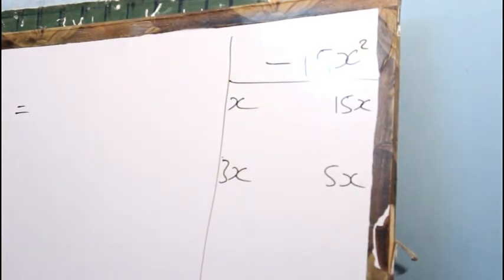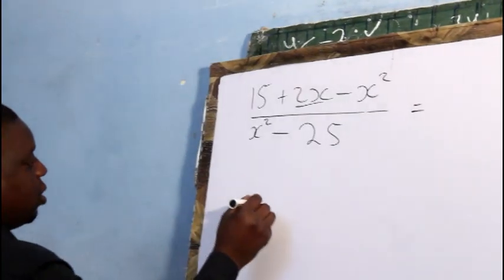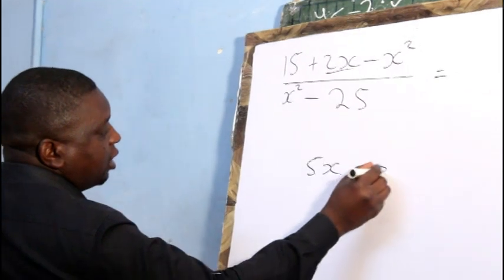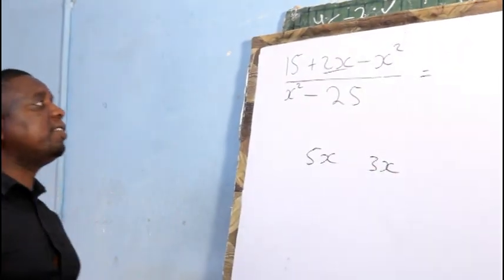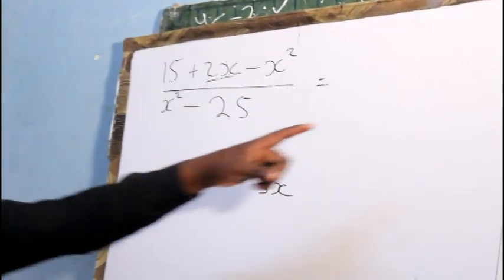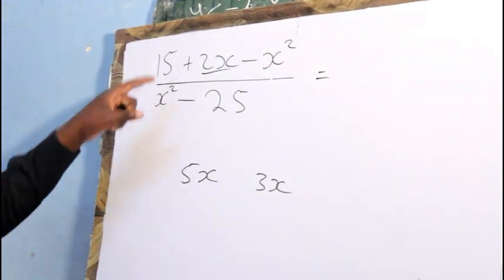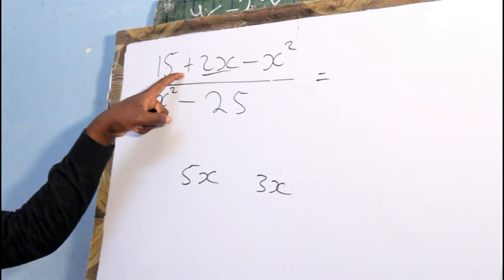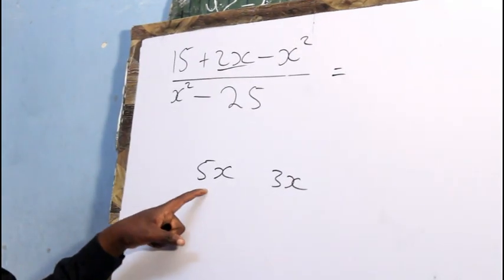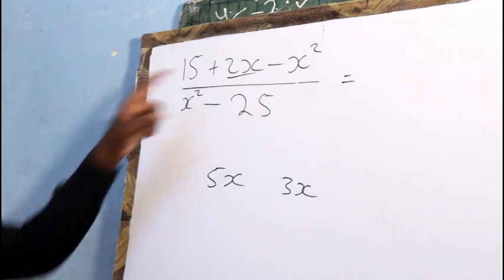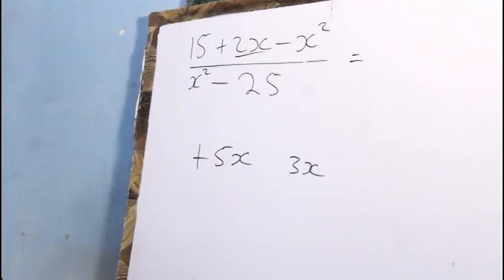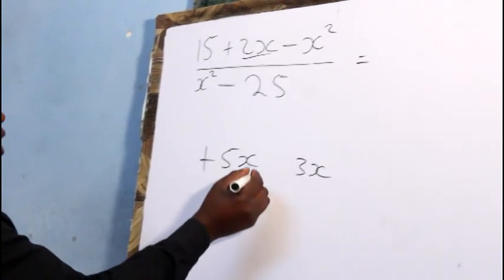They give the middle term. What is our middle term? 2x. Which are the factors? 3x and 5x. They are of different signs because our product is negative. The bigger factor takes the sign of the middle term. So the bigger factor here is 5x. It takes which sign? Plus.